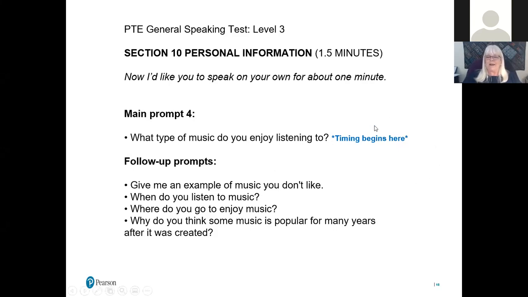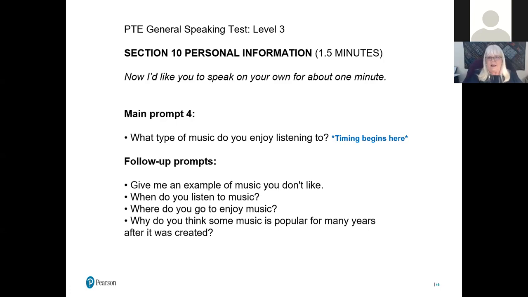But we as examiners begin timing right after the first question, as the test taker starts to answer. That's the timing for the long turn, the sustained monologue, and we also keep an eye on the overall timing for the whole test. It will be 7 minutes overall at level 3.